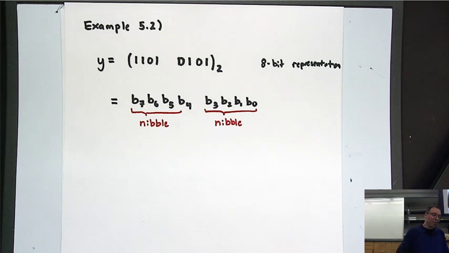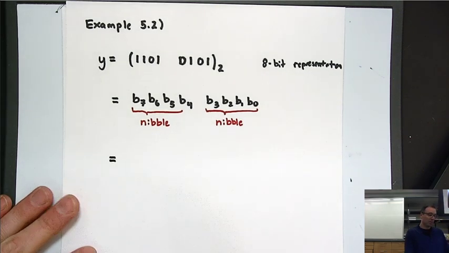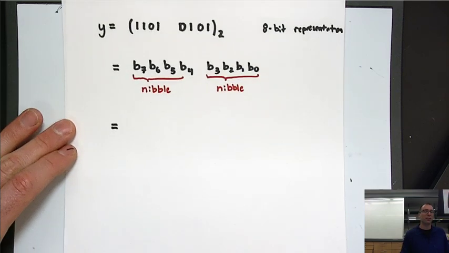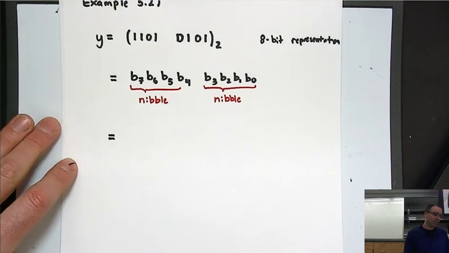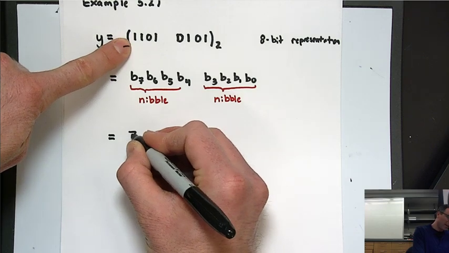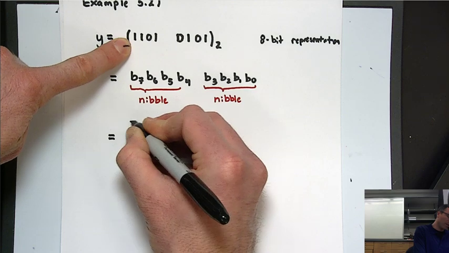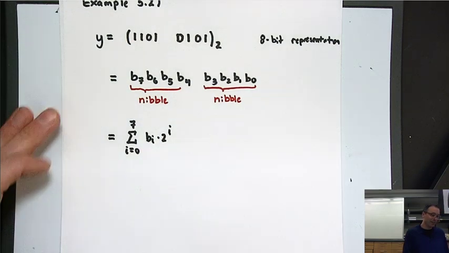And then if we were to impose meaning, how would I interpret this as an unsigned integer? Yeah, so what we would do is add from 0 to 7 b sub i times 2 to the i, right?